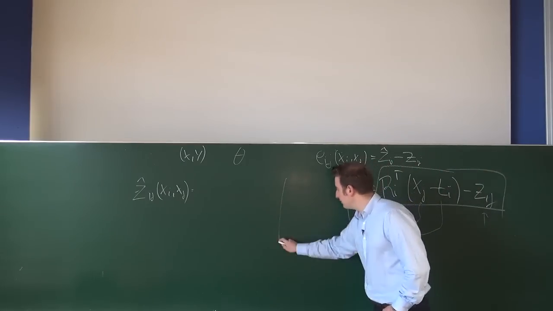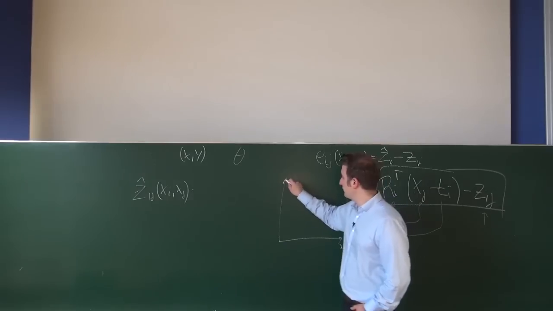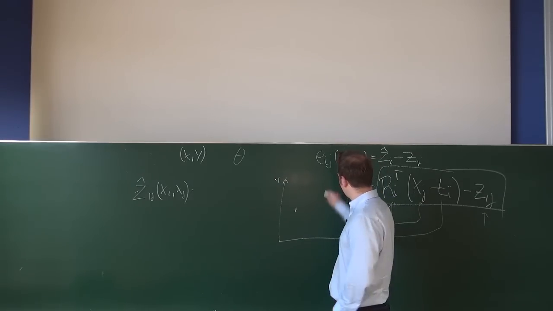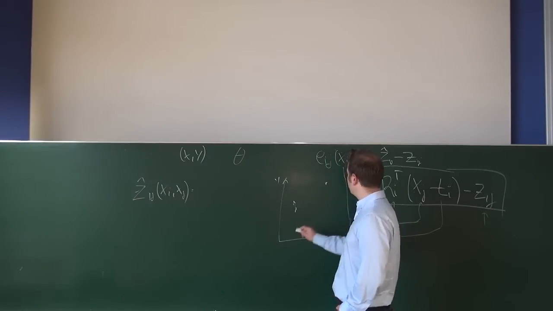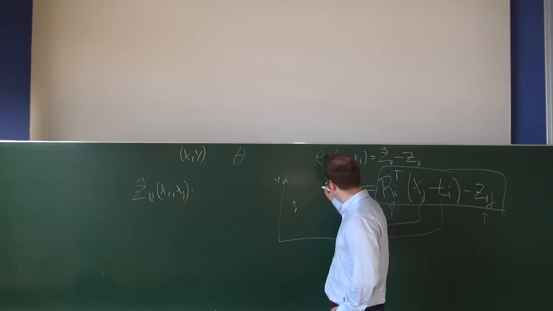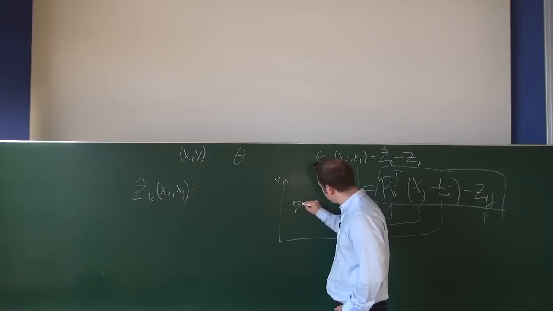If you plot that in x, y, this is the position of the robot, and this is the position of the landmark. Maybe the robot looks in this direction. How do I compute this angle?